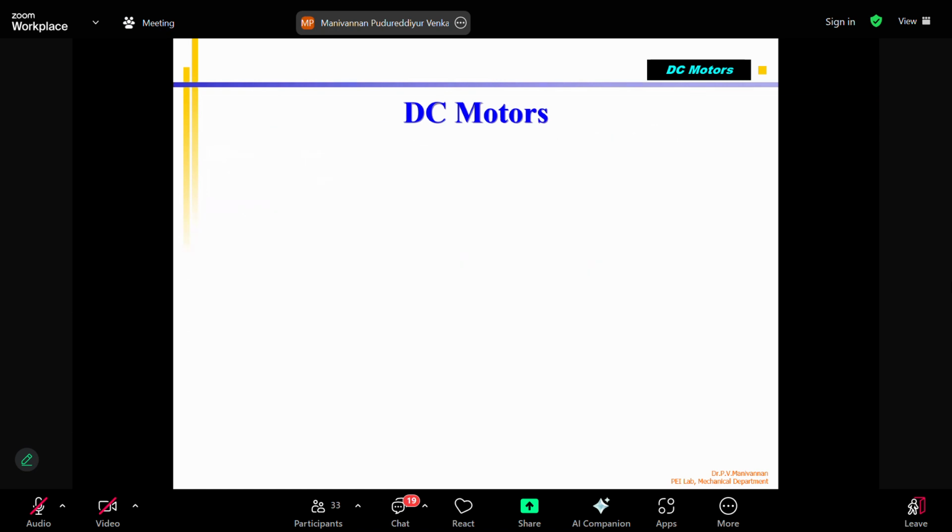Now, once we talk about the DC motor, I already told you there are three types of DC motor. I will first start with the shunt motor. The DC shunt motor is represented symbolically like this.